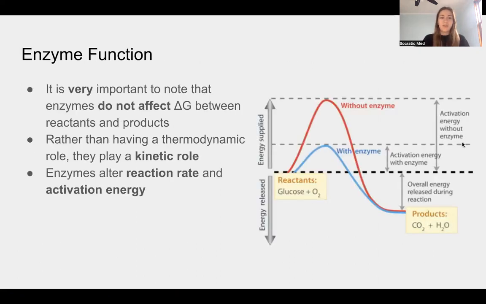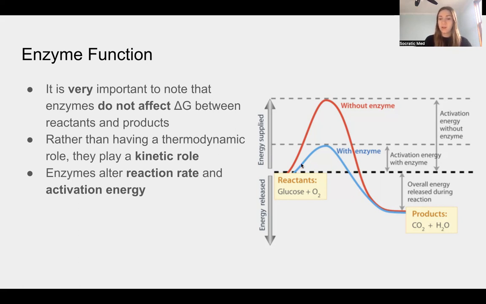The function of an enzyme is basically to lower the activation energy to allow the reaction to occur more easily. So this is not a thermodynamic role, this is a kinetic role. They alter the reaction rate and activation energy, but they do not affect the total amount of energy that is released.